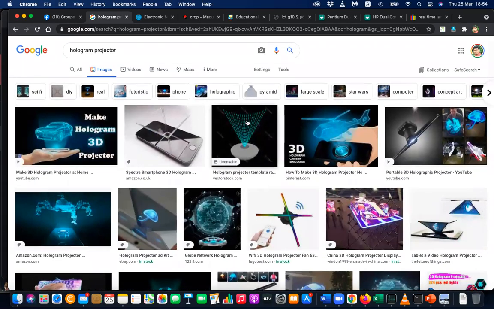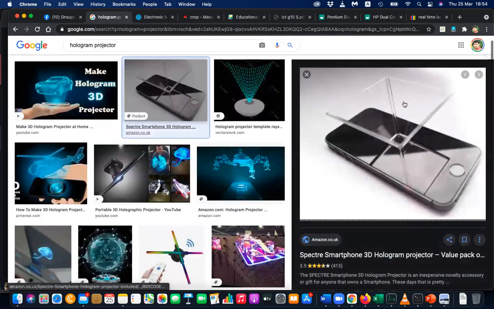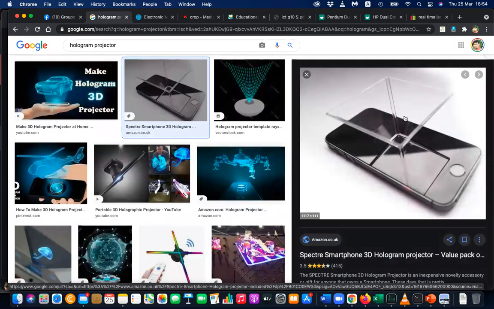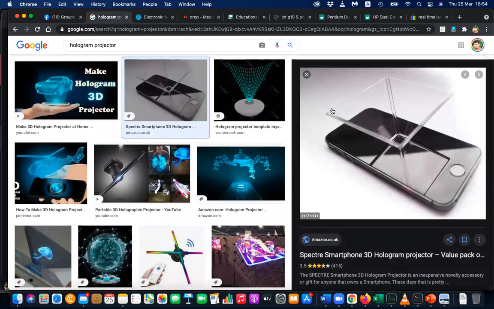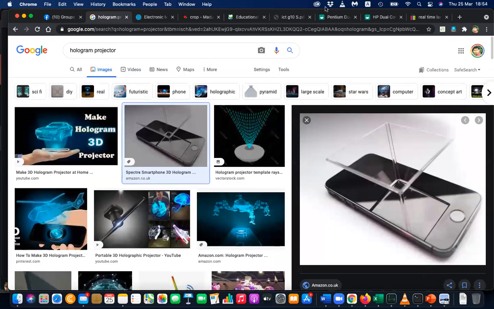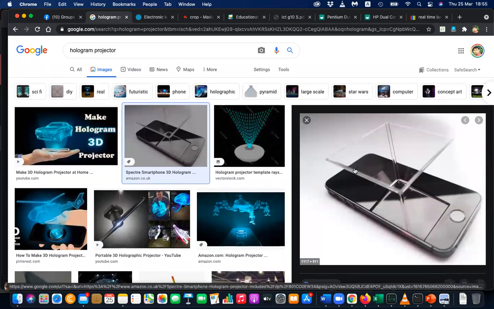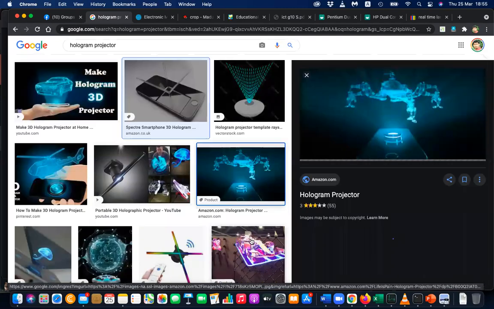You can also create one like this. You can easily create a hologram display, and it's not a projector. Next week you can do this, because it needs very few resources. You can create a hologram and see a 3D image or 3D thing like this.